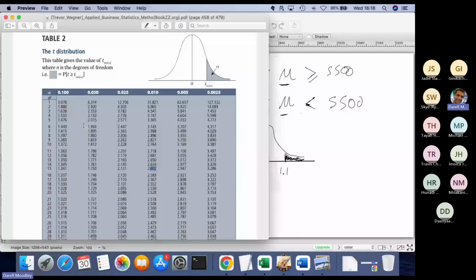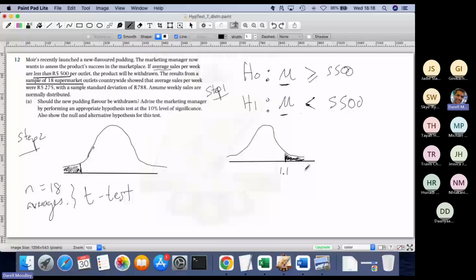Sorry, let me take it back. This table works the other way. In other words, you will be given the area. So say this area is 5%. What this table will tell you is, you tell it what this area size is. If you tell it it's 5%, it'll tell you what the value is on this axis.